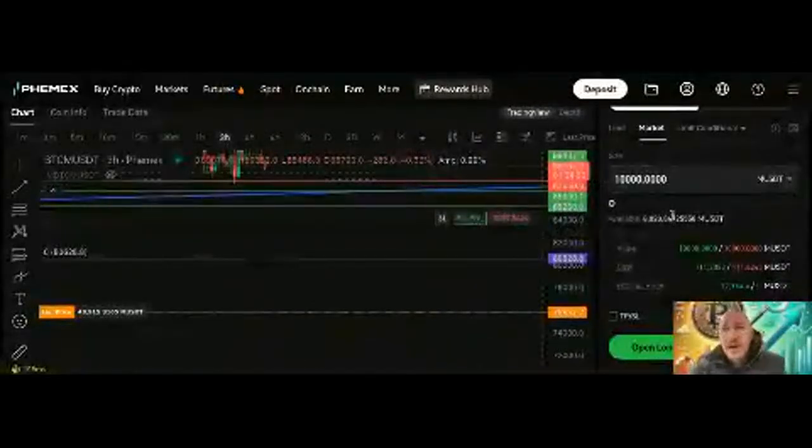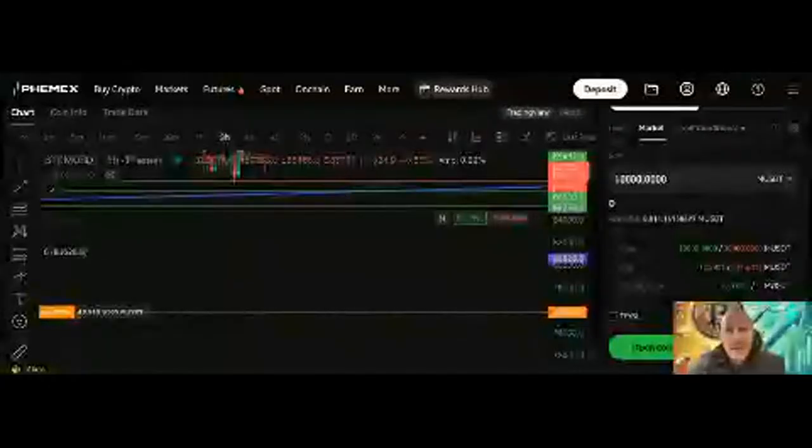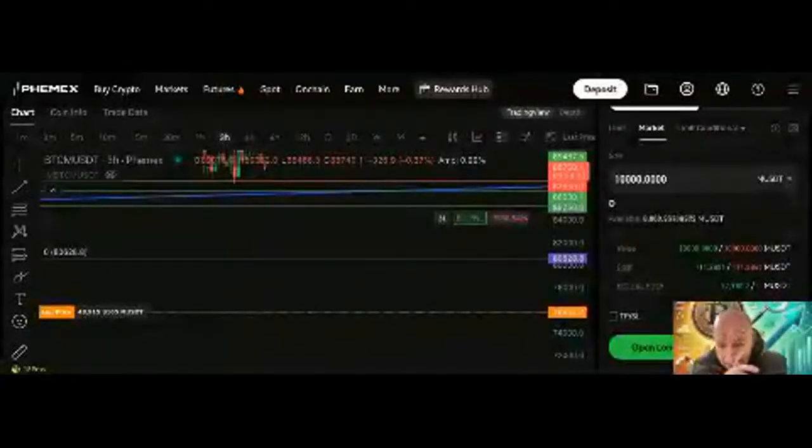So as you can see in my trading account, I have $8,000 available. Okay. $10,000 is more than enough to make $1,000 a day in the market with margin.